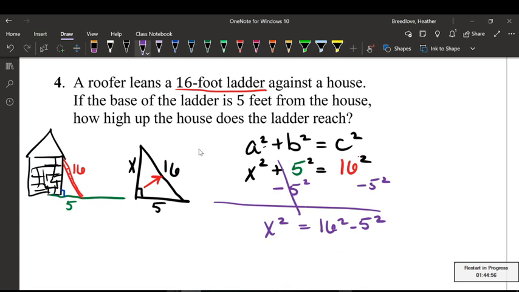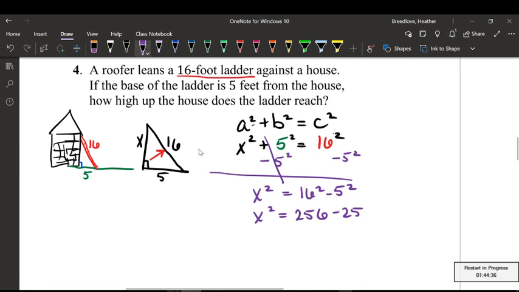So 256. So x squared equals 256 minus 25, which is 231. X squared equals 231.